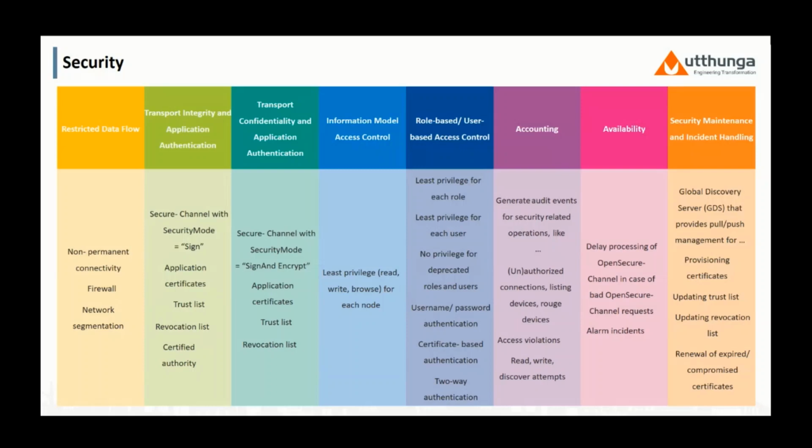Sign and encrypt is a security mode where the data gets signed and also gets encrypted. Similarly, each of the security requirements and goals chosen by the OPC UA security specification, and how each one of those is handled. So terminology-wise, this slide is closer to the standard OPC terms, if you are familiar with it. Next slide, please.